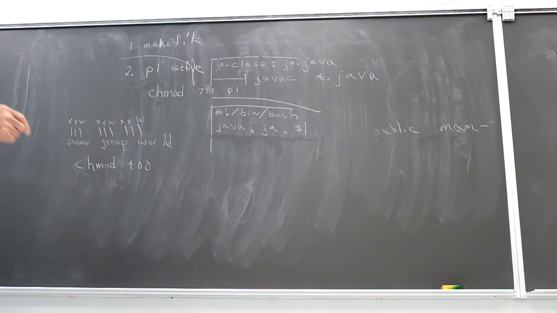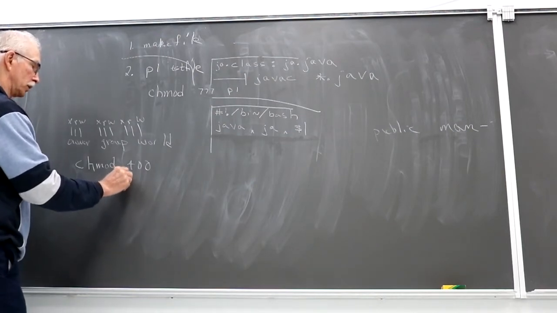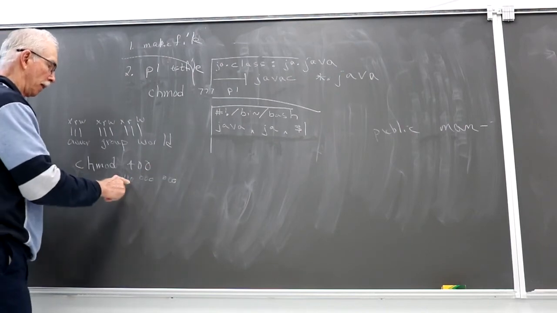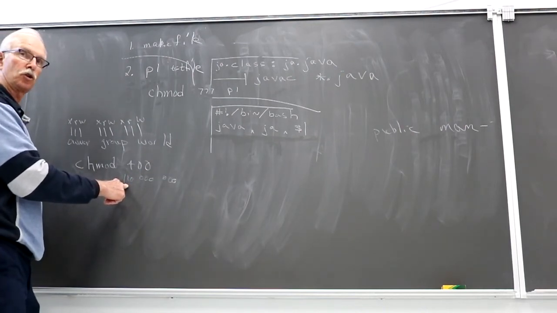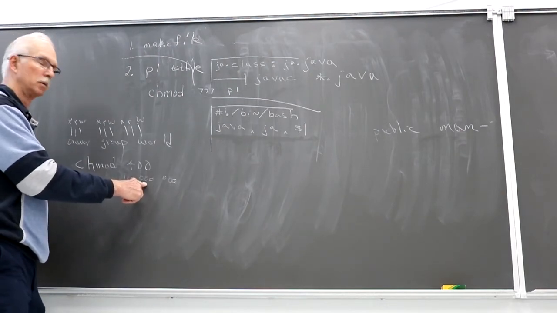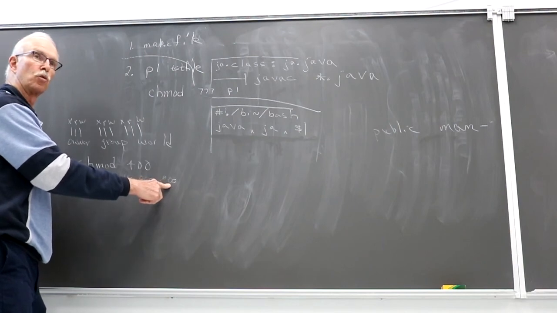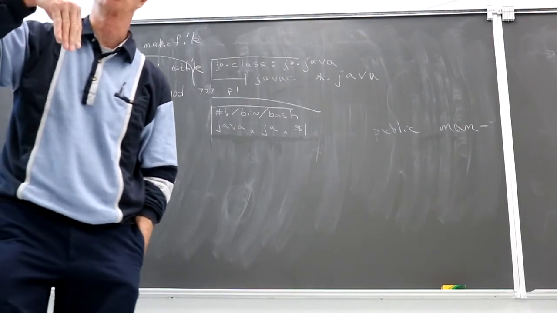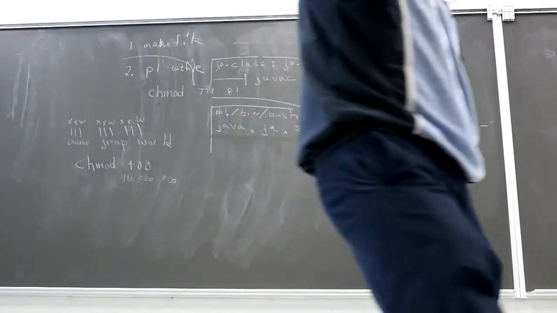So the owner needs to be executable. 4 is 100000000. Execute for me, read and write, no. Group, the rest of the world, that's everybody else. Nobody else has access to this directory, so it doesn't make any difference.